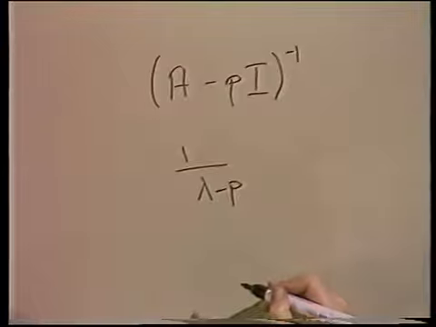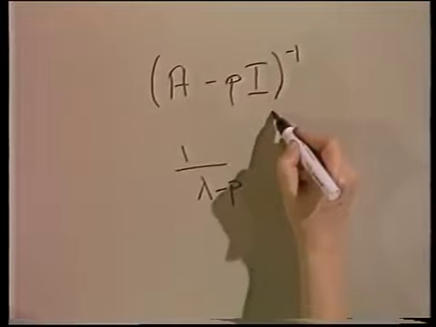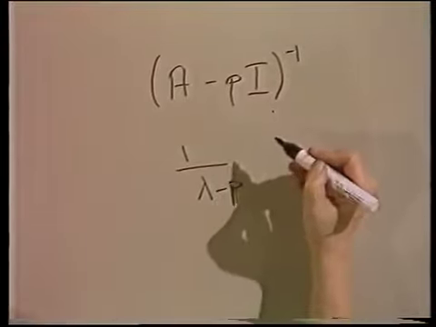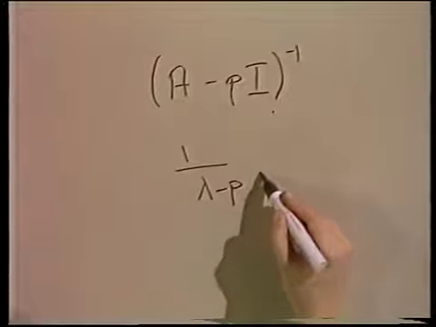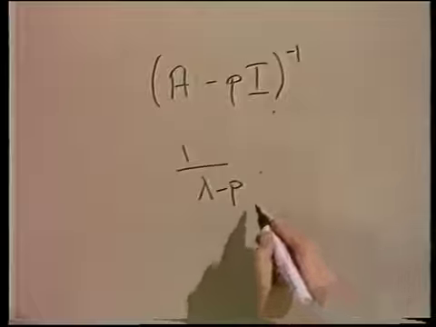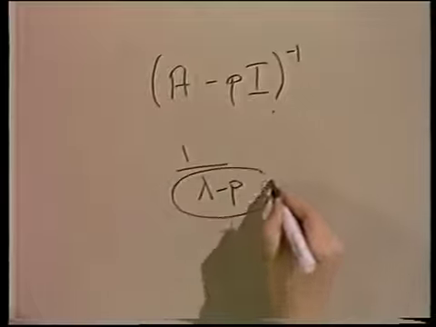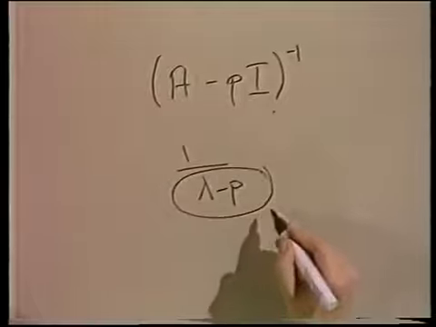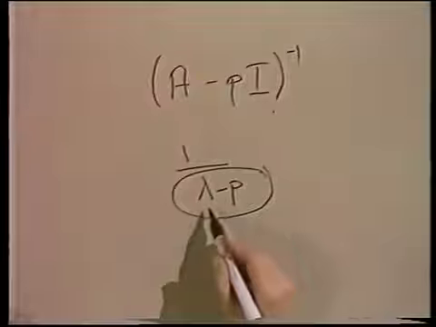What happens if I iterate using this? I'll get the numerically largest value of 1 over lambda minus p, and from this we can calculate the numerically smallest value of lambda minus p, and this in turn gives us the value of lambda closest to p.